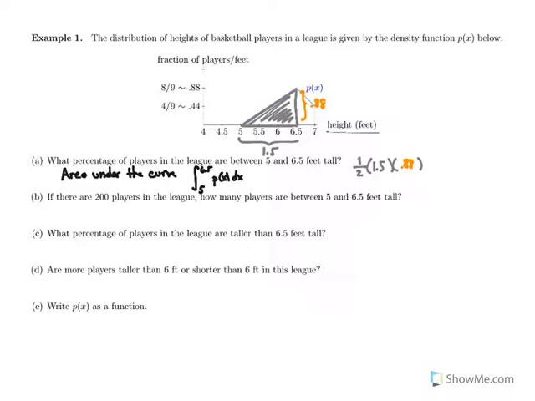If we multiply these together, this will give us about 0.66. So the question is, what percentage of players in the league are between 5 and 6.5 feet tall? In this case, it would be 66% of players.